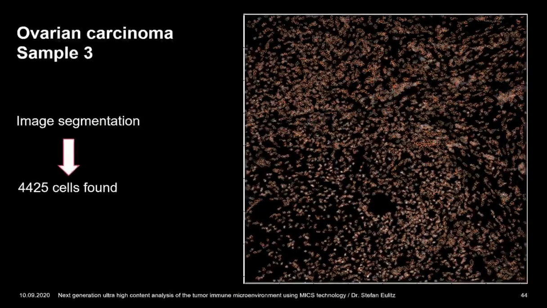The next necessary step is, of course, the image segmentation. And here you can see the segmentation mask of this image. In this, we could identify in total 4,425 cells. The segmentation can be carried out in different ways.